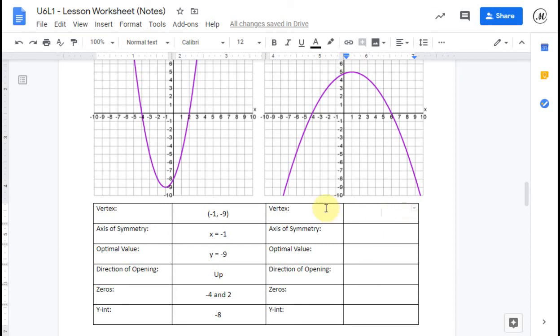In this second parabola, the vertex is at 1, 5. The axis of symmetry is at x equals 1.